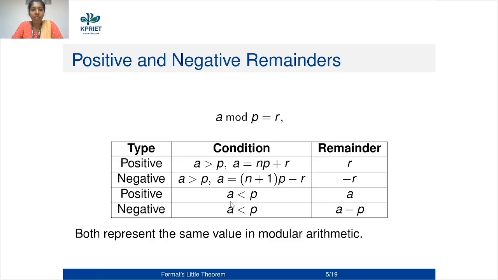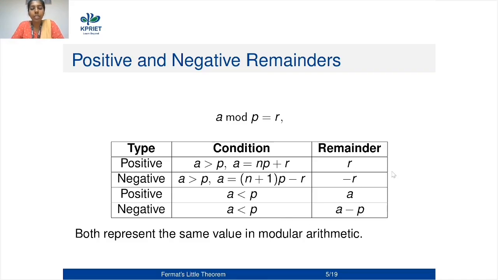And suppose my integer a is less than a prime number, then the remainder of a problem is a. And in the case of a less than p, if I want to find the negative remainder, then the formula is a minus p.